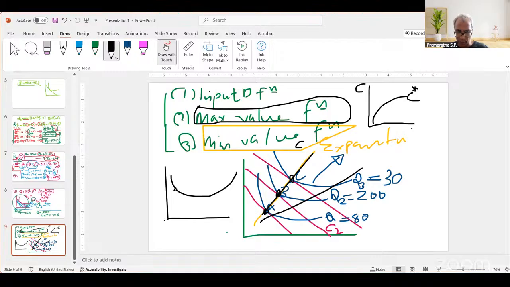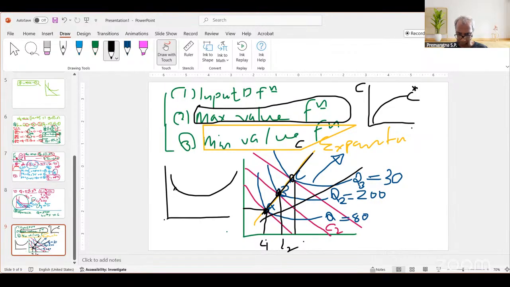When you do so, the amount of input we demand, you can see along this line, capital, L1, L2, L3. L1 is 10 labors, L2 is 20 labors, L3 is, let's say, 25 labors.